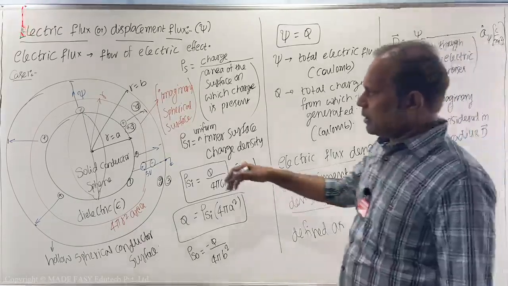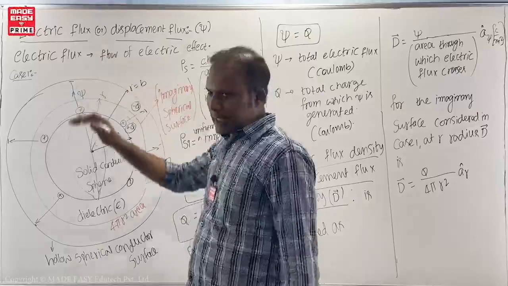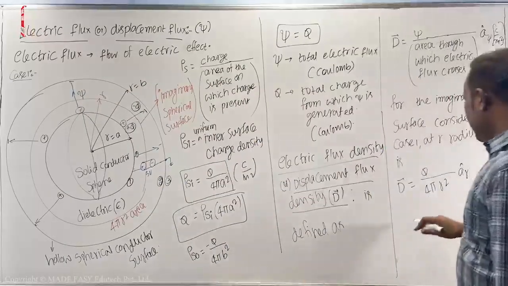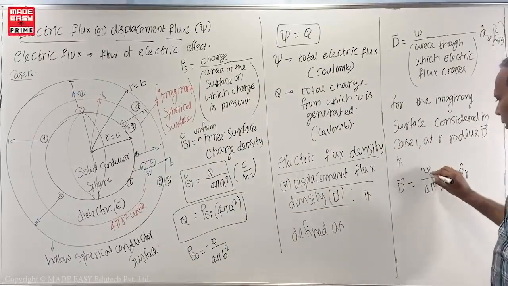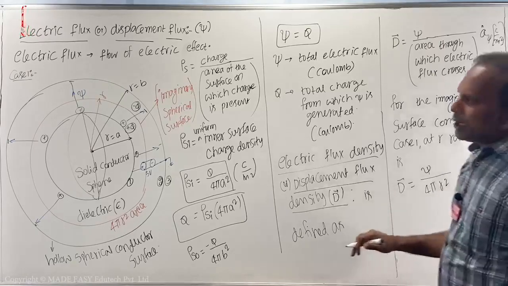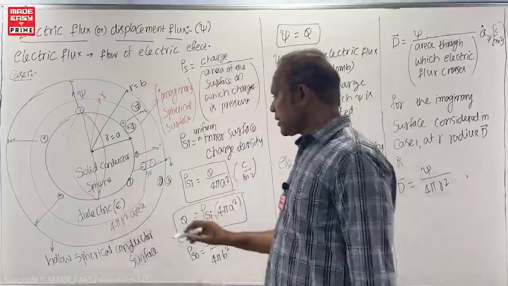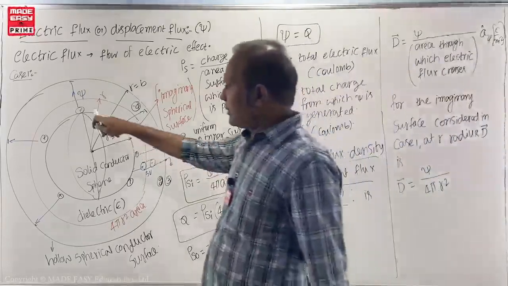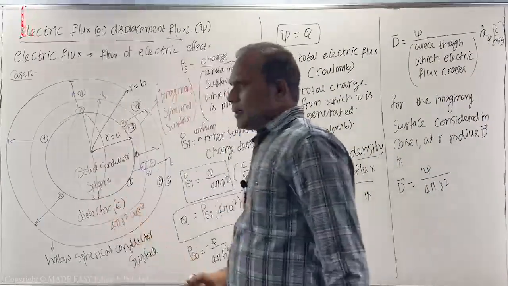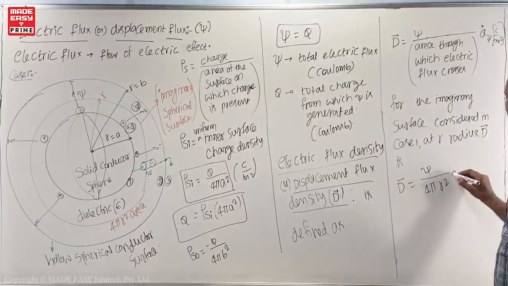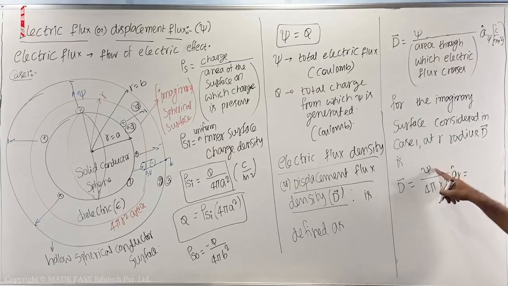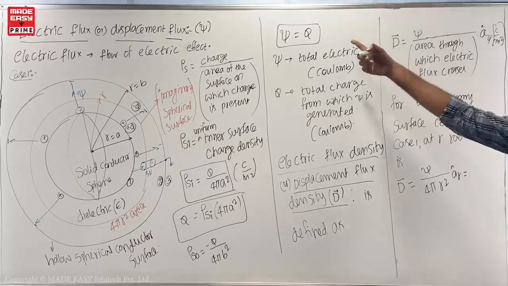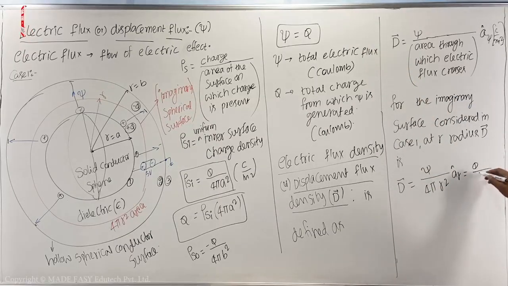How much electric flux is crossing? Psi, you can write psi also, divided by the area through which it is crossing, 4 pi r square. What is the direction of this flux? Radially outward, that is AR cap. The flux going out is equal to Q only, so D bar is Q by 4 pi r square AR cap.